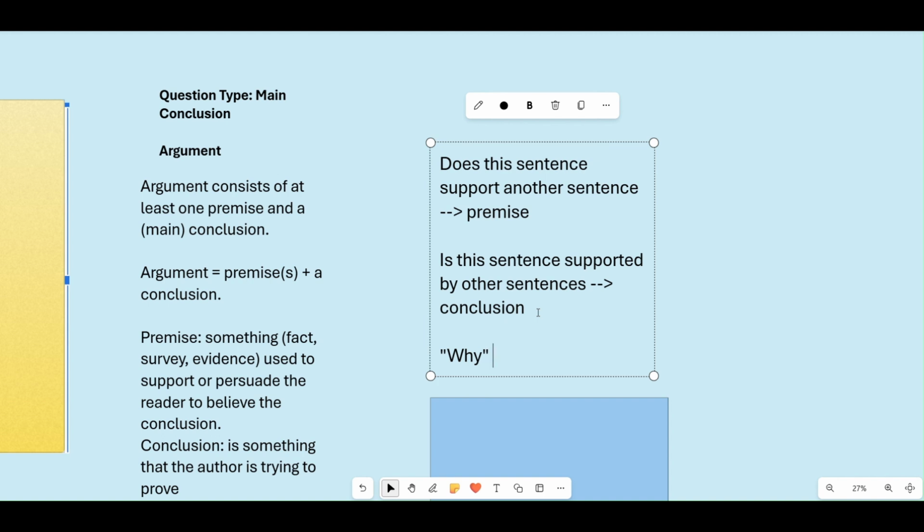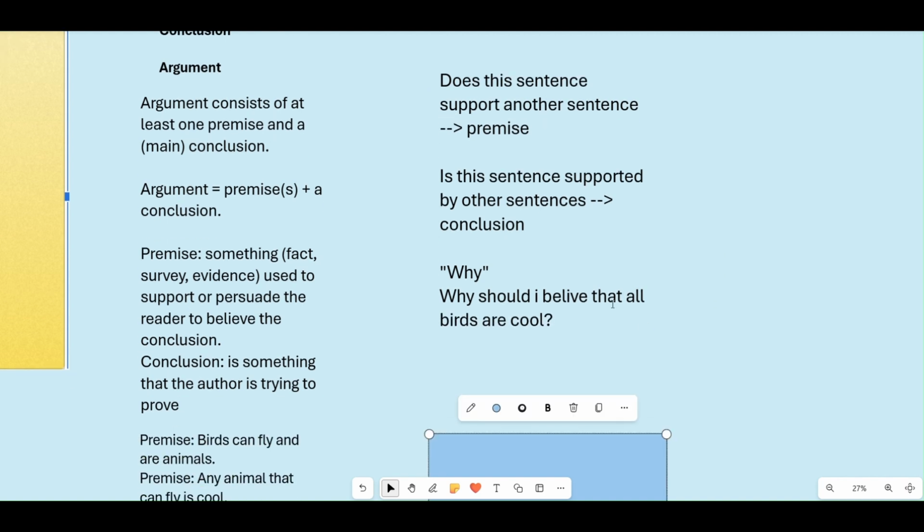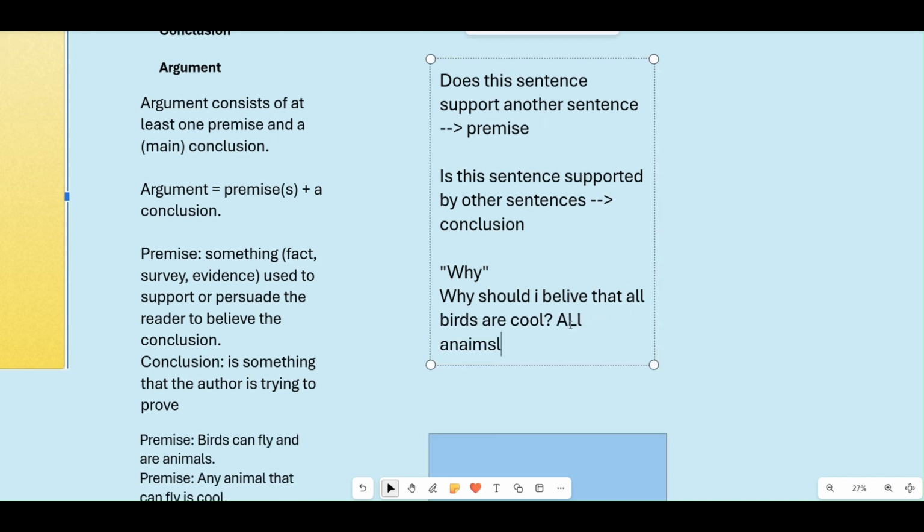You know, in the case of the birds example, why should I believe that all birds are cool? Well, that's because all animals that can fly are cool. By asking ourselves why, we already have separated what the conclusion is and what the premises are.